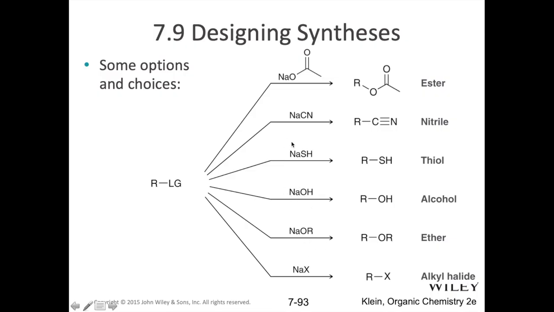If you swap out these sodium ions for hydrogens, you get the weak nucleophile versions of these things. Well, maybe not so much for hydrogen sulfide here, but most of these other things are going to be weaker nucleophiles if you have a hydrogen instead of a sodium. So for example, if you had water instead of sodium hydroxide, water is a weak nucleophile even though hydroxide is a strong nucleophile. Likewise for your sodium alkoxide: if you have an alcohol, that's a weak nucleophile, even though your alkoxide ion is a strong nucleophile.